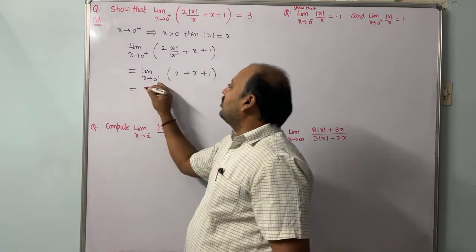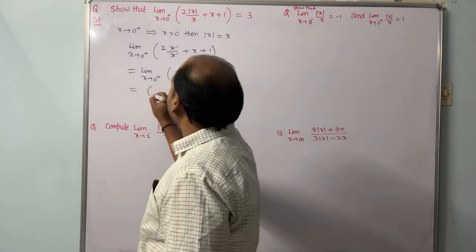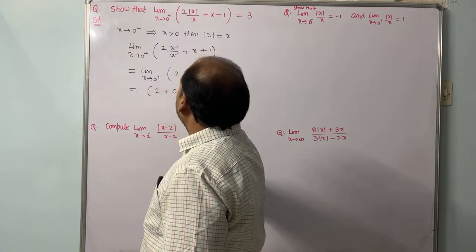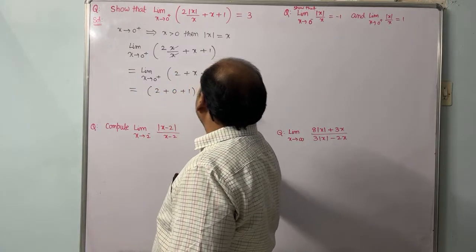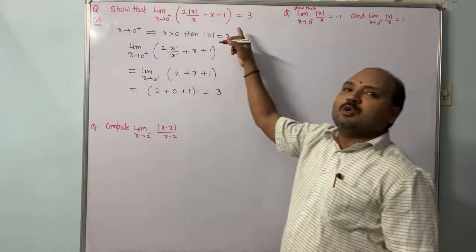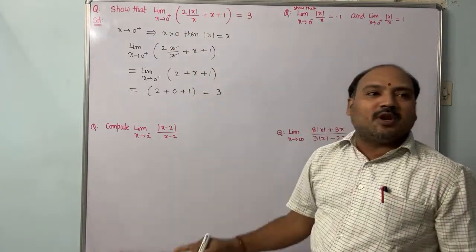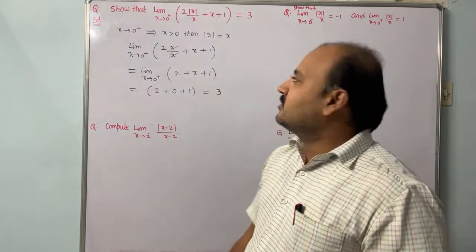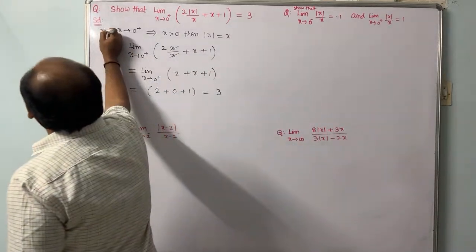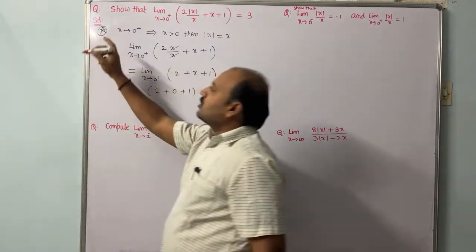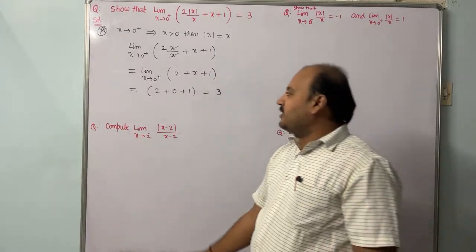Substitute x equal to 0: 2 plus 0 plus 1 equals 3. Therefore, the limit value is 3, as asked. This is the very important turning step of this question. I kept a star mark, you can understand that.